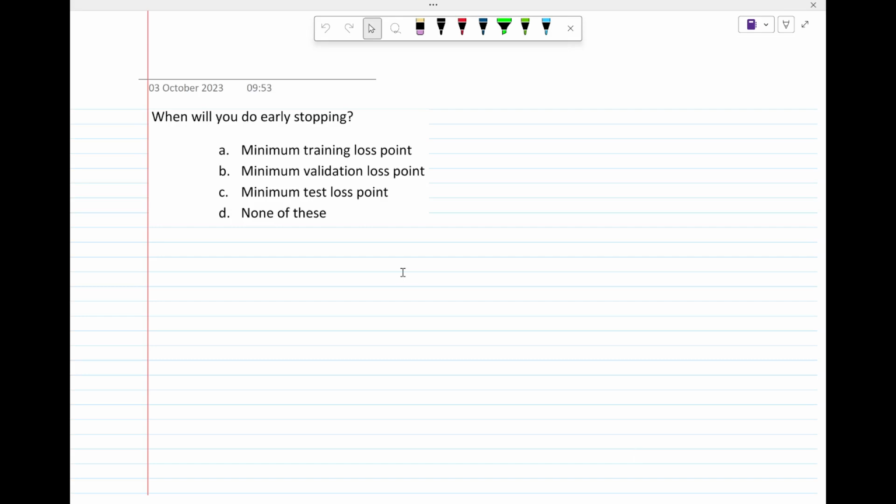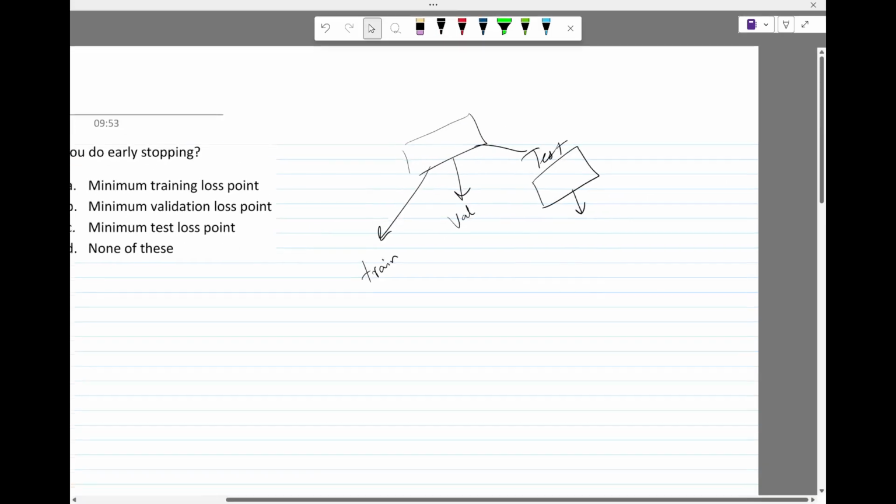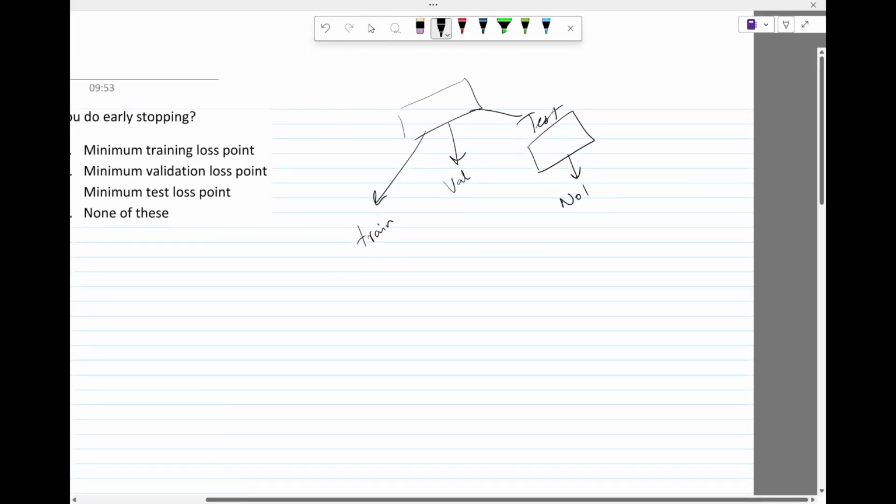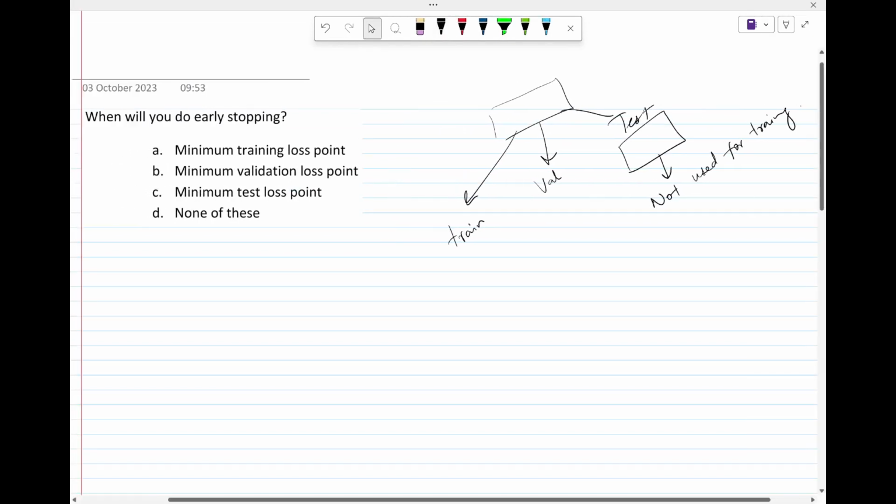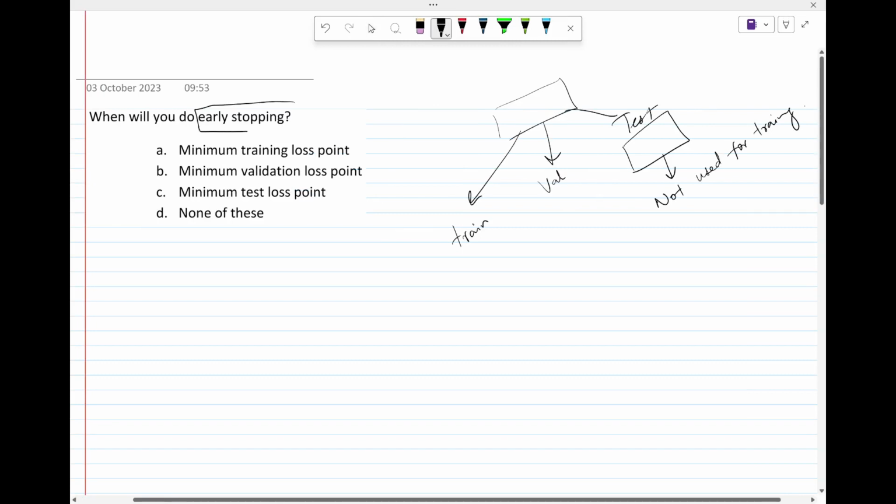So as I had said earlier, your data set you split into train, validation and some test. This test data is not used for training. Now early stopping is something that you do when you're training your model.